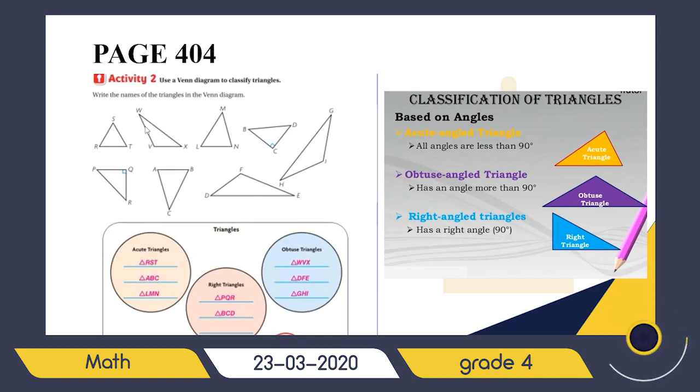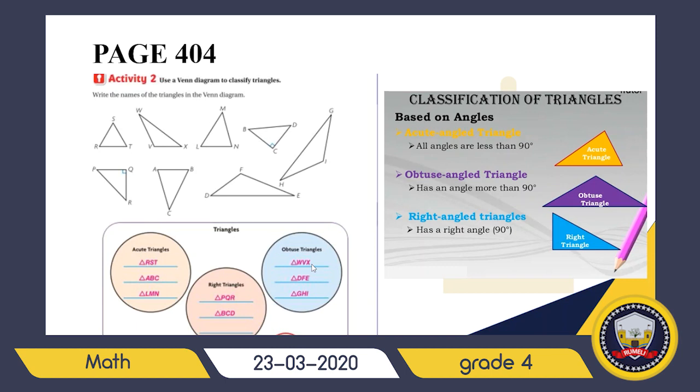What about the next one? Triangle WVX. I can see an obtuse angle here. If there is one obtuse angle, it is an example of an obtuse triangle, so we will categorize triangle WVX as obtuse.